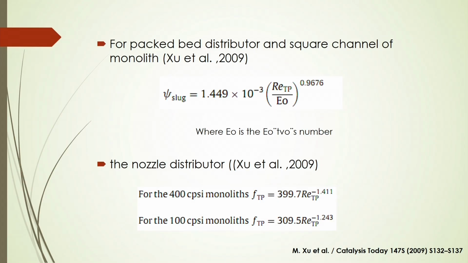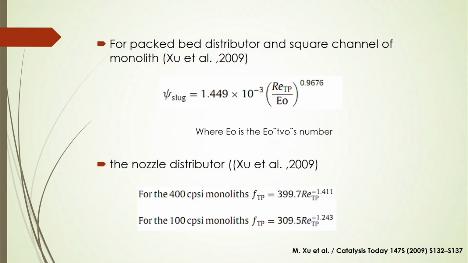And for the packed bed distributor and square channel of monolith, Zhu et al. also proposed this psi slug, the ratio of the liquid slug length to the hydraulic diameter, as given in this equation. If the nozzle distributor is used, then for the friction factor, for 400 CPSI and for 100 CPSI, they have proposed these correlations.